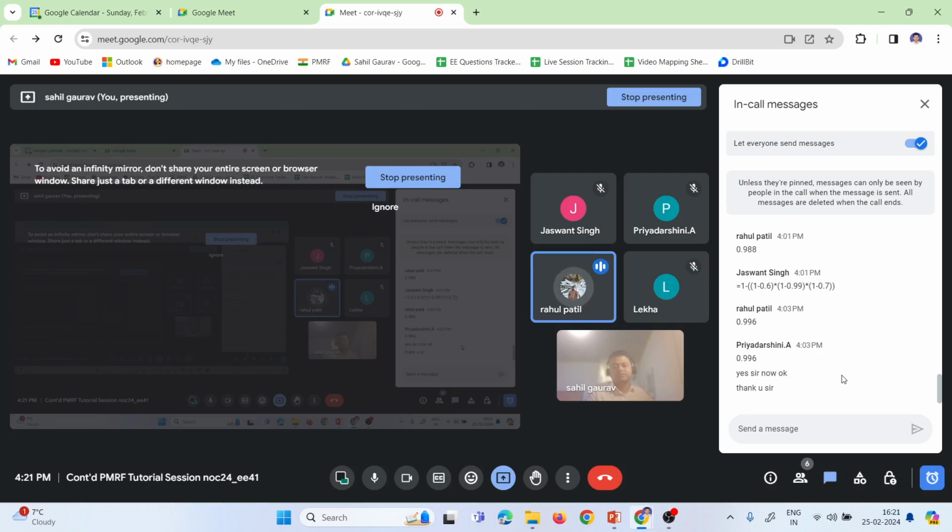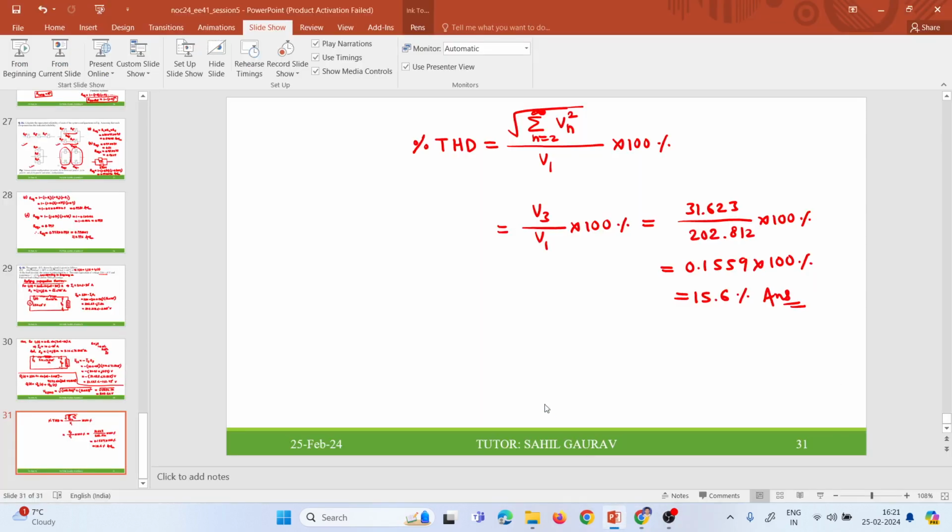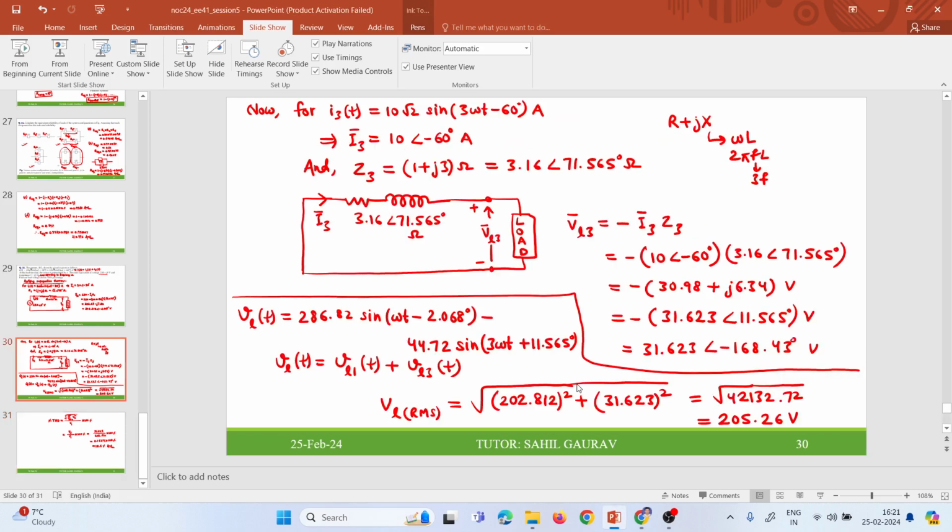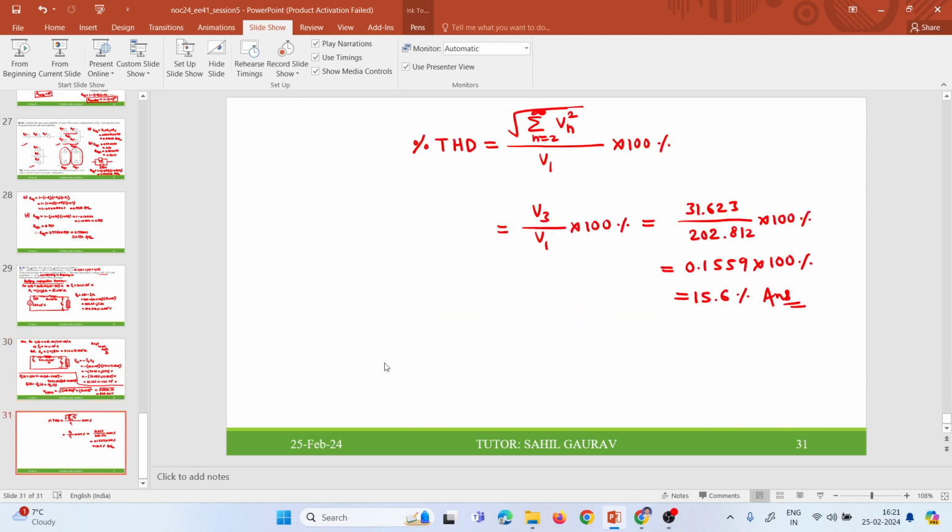Sir, how did you take the expression v of t, 286.82 sine omega t minus...? Yes, this one. Okay, one minute. So phasor values we always write in RMS terms, while the instantaneous term we write in the maximum value.